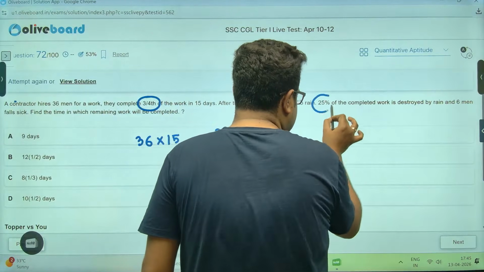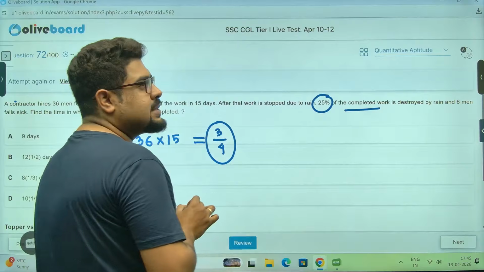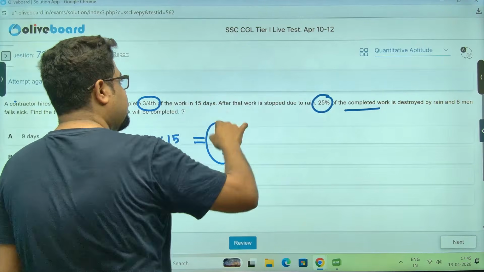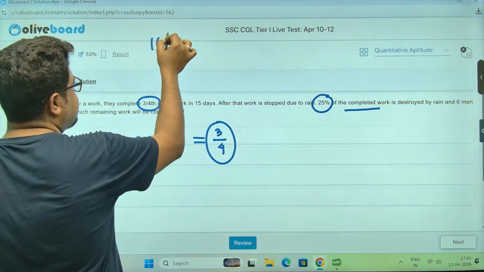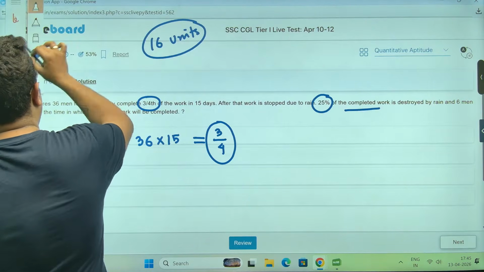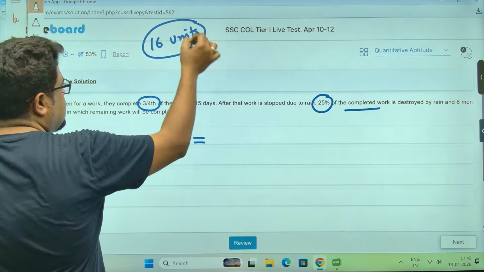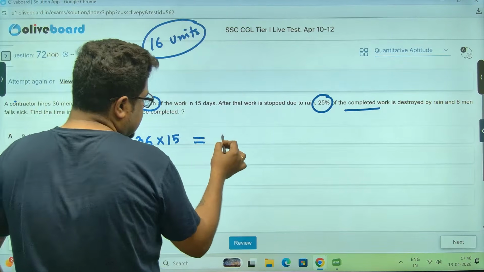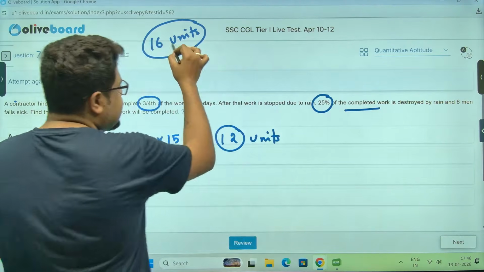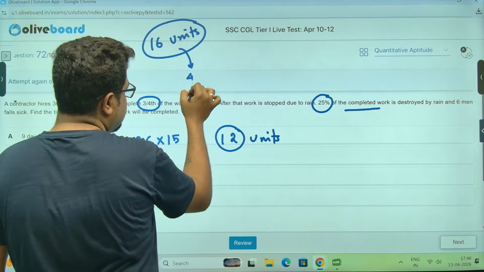Now 25% of the completed work is destroyed. So do one thing: let's take the total work as 16 units. 3/4 of 16 units is 12 units, so the remaining was 4 units.